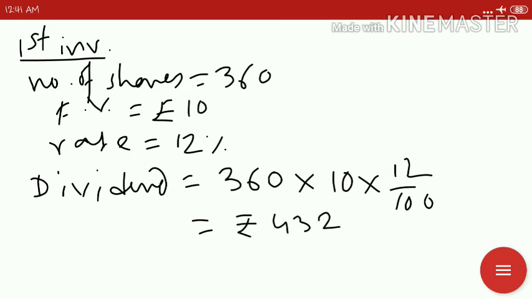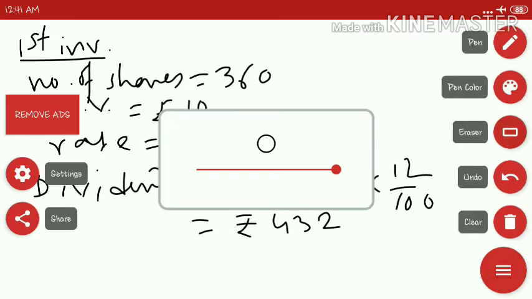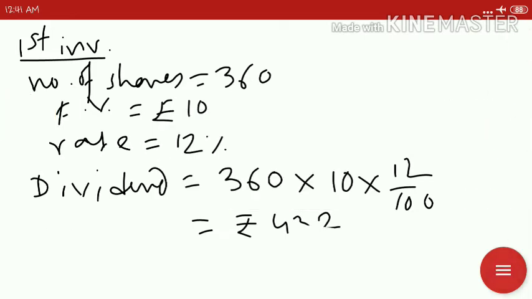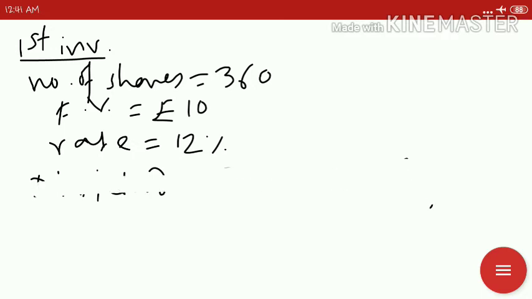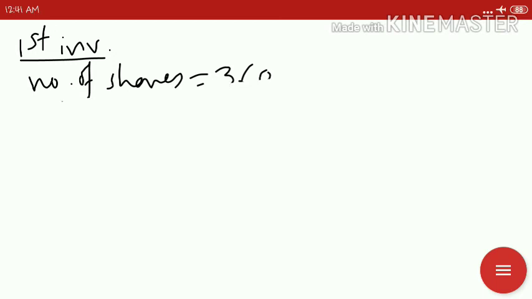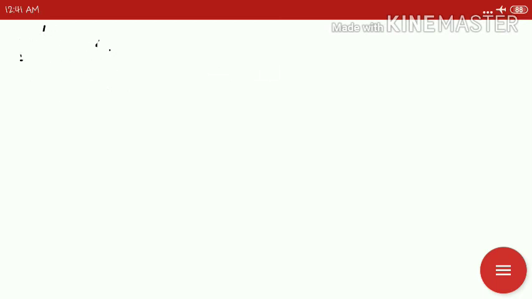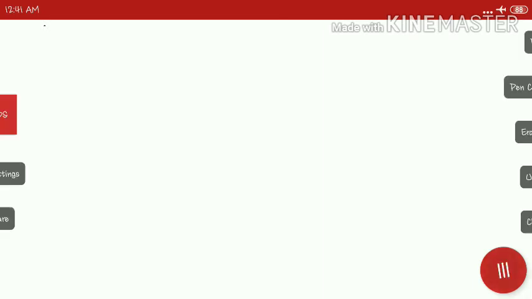Now he is going to sell these shares when the market value rose to rupees 21. So now we'll find how much money he has collected by selling those shares. To find the amount of money he has collected, we have to multiply the number of shares with the new market value of the shares.